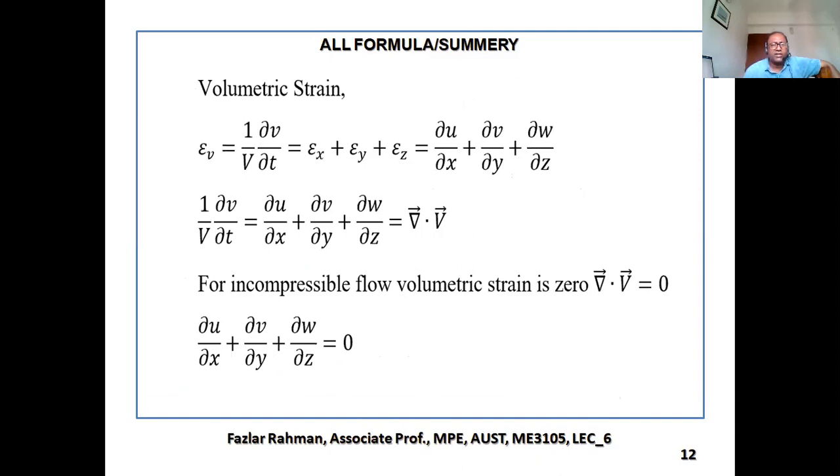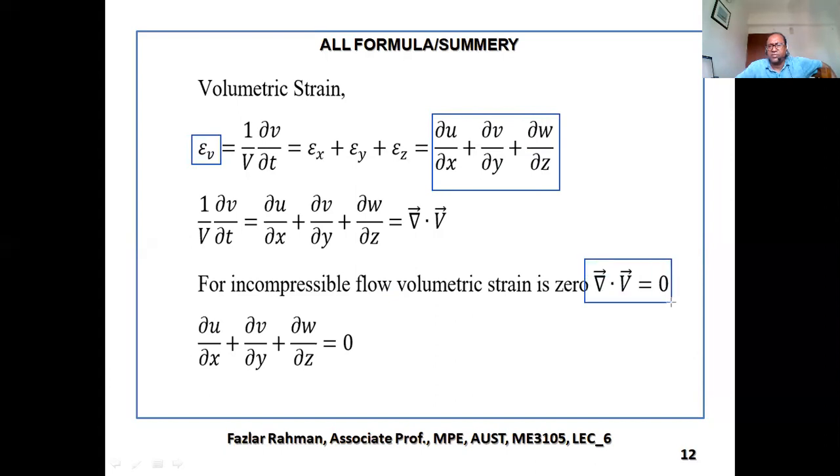And what is the volumetric strain? We already figured out the volumetric strain, equal to this one. Okay. So for incompressible flow, if the flow is incompressible, then there will be no volumetric strain. Volume will not increase. So this will be equal to 0.